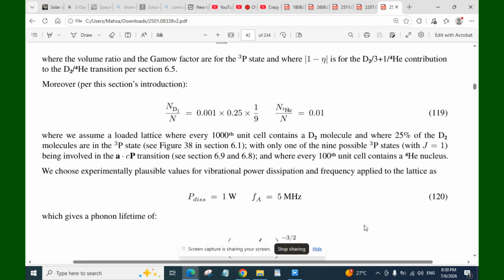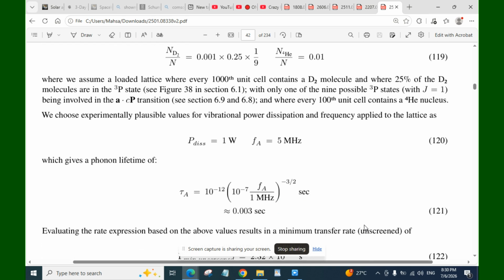Moreover, per this section's introduction, n deuterium divided by n is equal to 0.001 multiplied by 0.25 multiplied by 1 divided by 9, and n helium-4 divided by n is equal to 0.01, where we assume a loaded lattice where every 1000 unit cells contain a deuterium molecule, and where 20% of the deuterium molecules are in the P3 state.